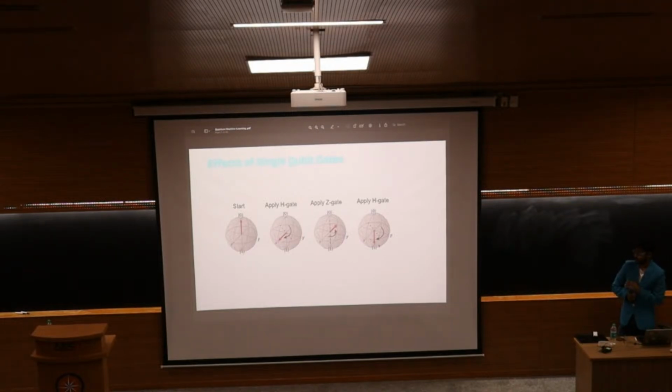And on the minus z-axis, you can see the point 1. So what you have done is take a state vector which was initially 0, convert it into 0 plus 1 over root 2, then into 0 minus 1 over root 2, and then again into the 1 vector. Any doubts in this example?